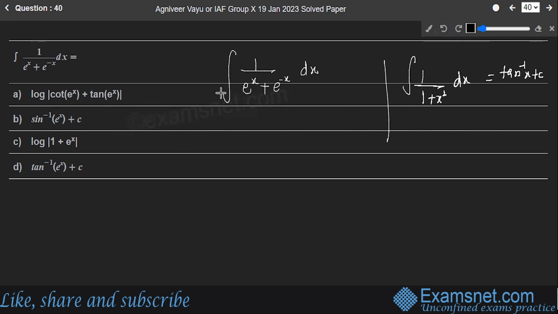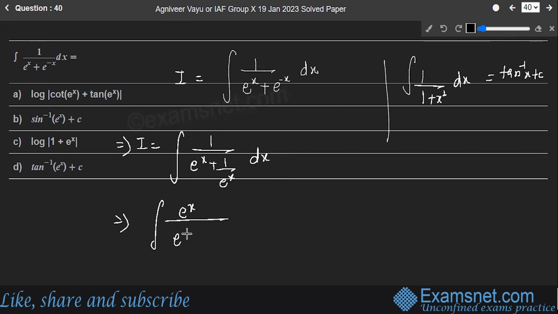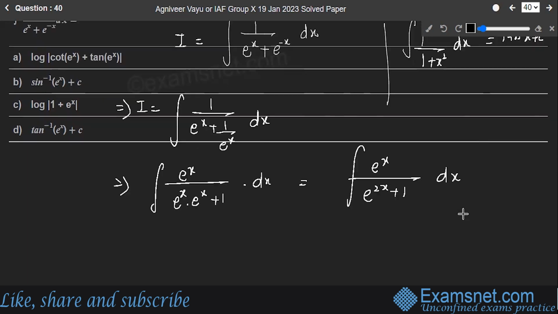So here you can write I is equal to the integral of 1 upon (e raised to power x plus 1 upon e raised to power x) dx. This will be equal to the integral of e raised to power x upon (e raised to power x into e raised to power x plus 1) dx, which is e raised to power x upon (e raised to power 2x plus 1) dx.